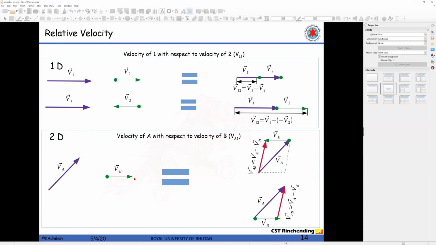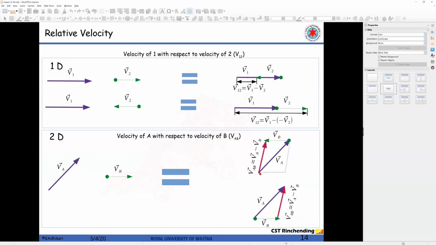It has some inclination with respect to vector A. The velocity of A with respect to velocity of B is the relative velocity of A with respect to B, right? To find this, first you draw vector A, and from the tip you reverse the direction and join the base of vector A to the tip of vector B, and that gives us the relative velocity of A with respect to B.